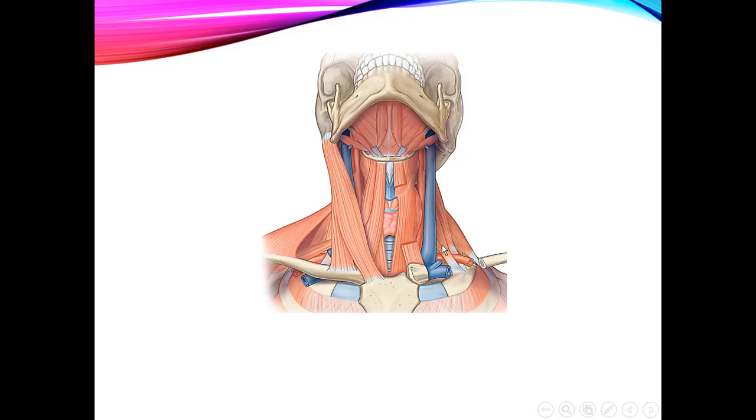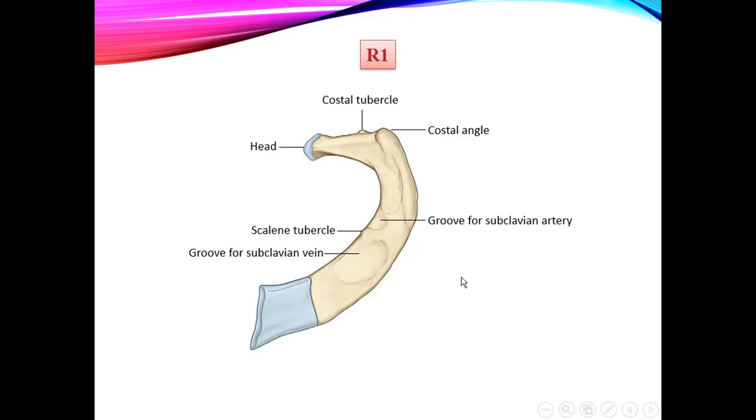On either side of the neck, we've got three scalene muscles: anterior, middle, and posterior scalene. And the anterior scalene muscle attaches to the scalene tubercle, and because of that, this tubercle is called scalene tubercle.